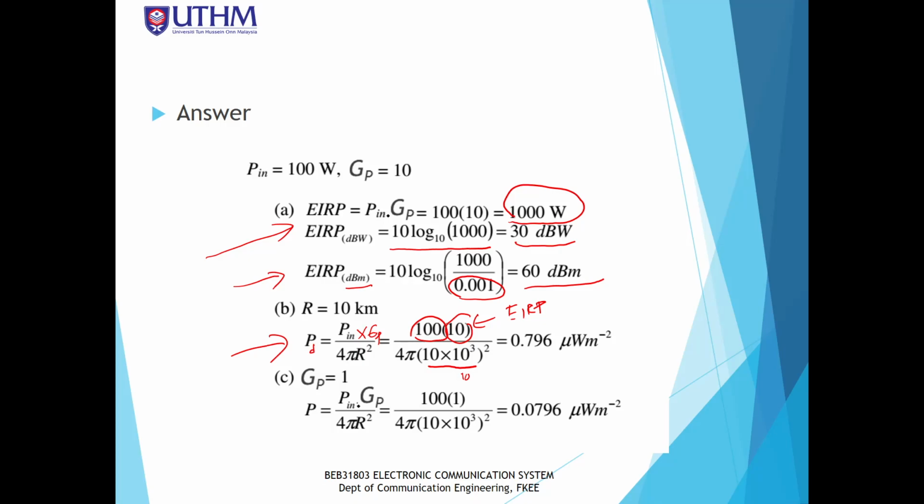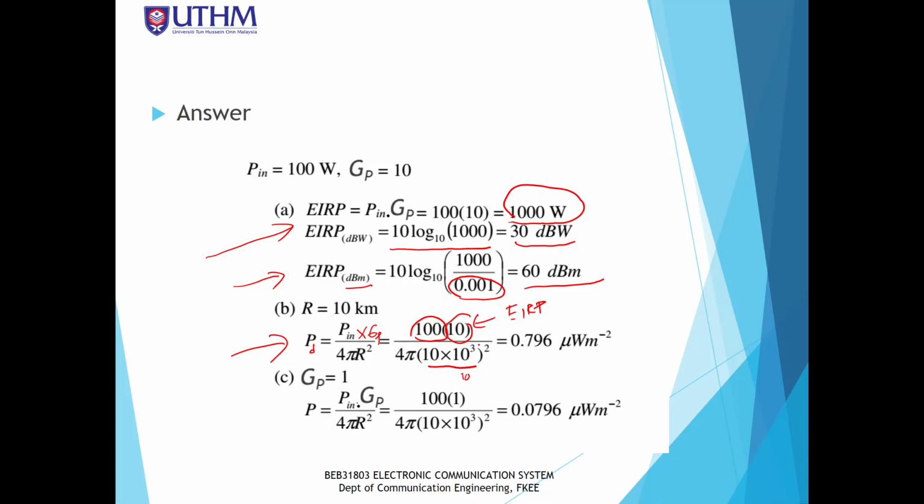Don't put kilometer. If you put 10, habis. That is a common mistake that always happens in the final exam. So don't do that, please. Remember, the distance must be in terms of meter. So here it is 10,000 meter.